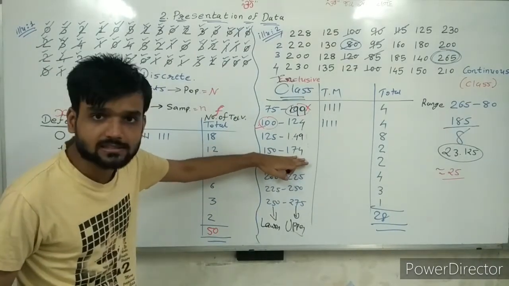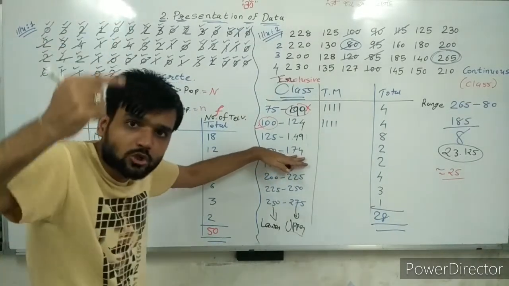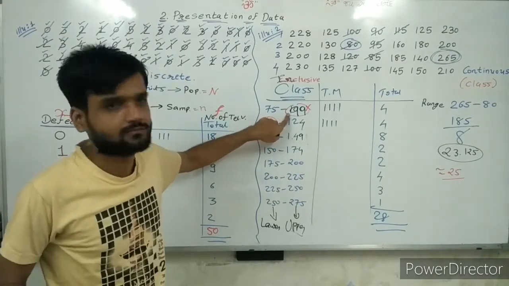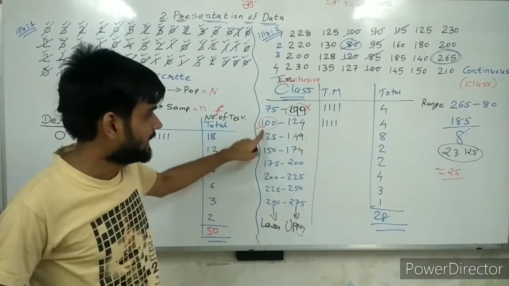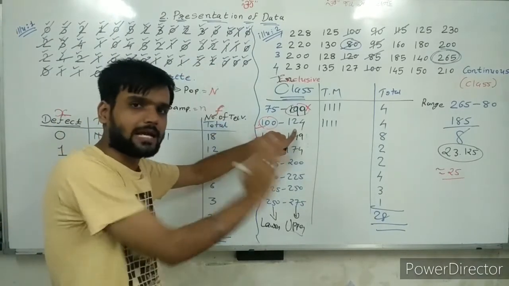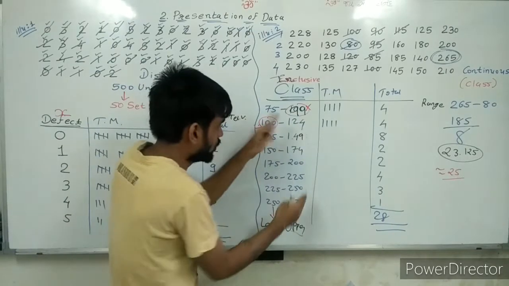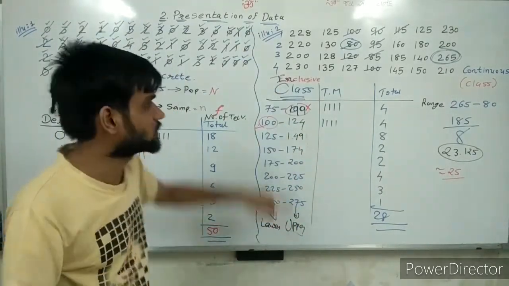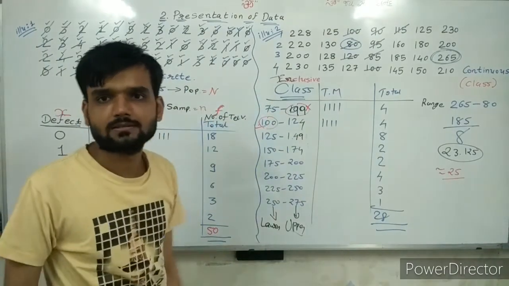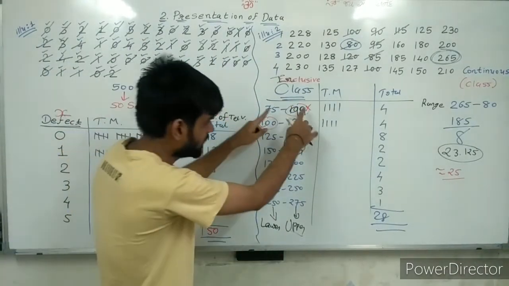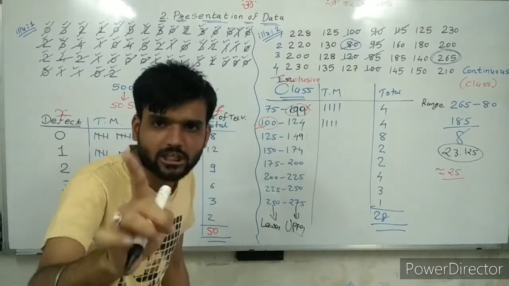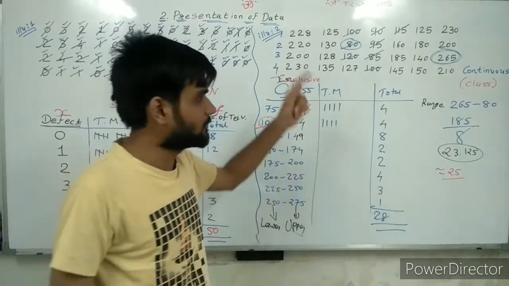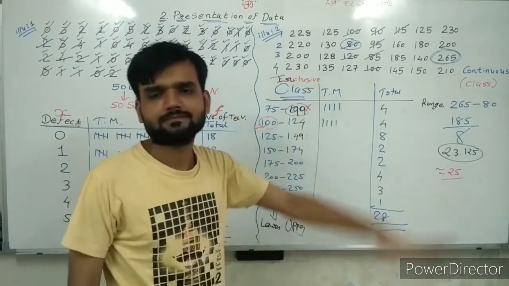So this type of class is called inclusive class. Why inclusive? Sir, 99 is included here, and in this, 124 is there. Yes, that is 124. So lower boundary, upper boundary, both are included. That's why it's inclusive class. And exclusive means the upper boundary is not included. So this is the new topic which we have done in this lecture.